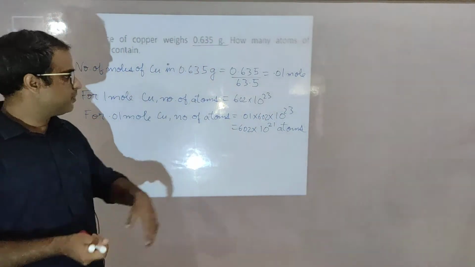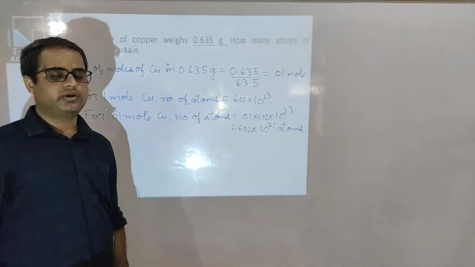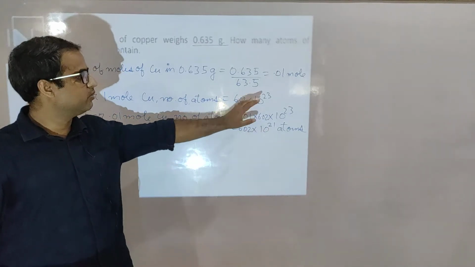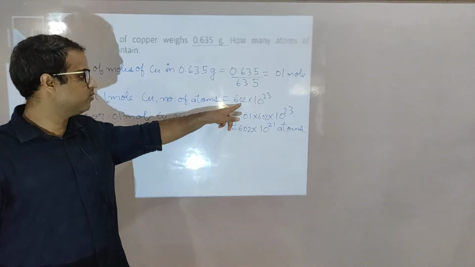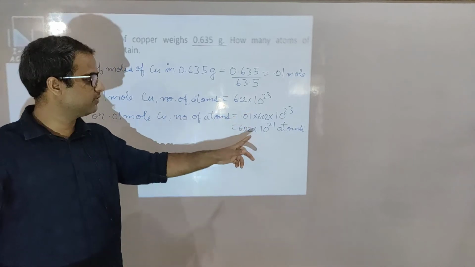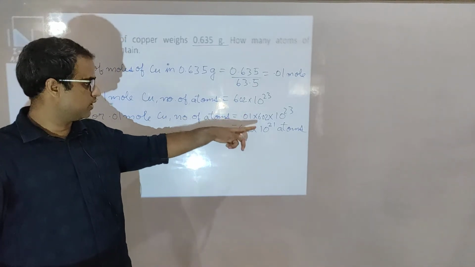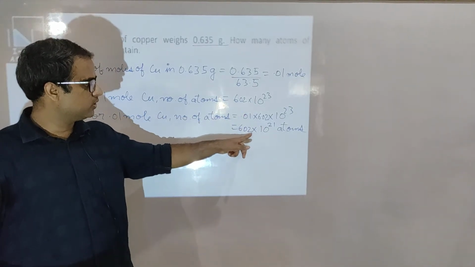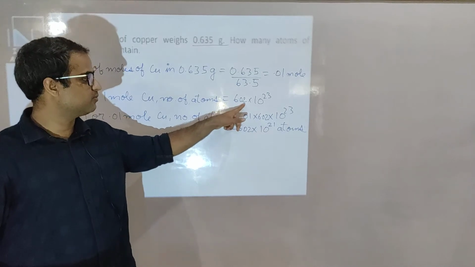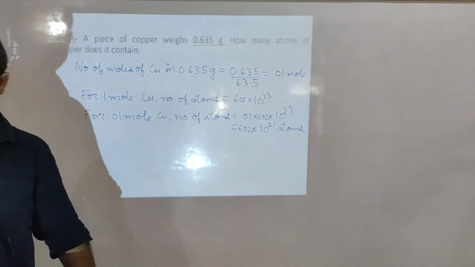For calculation purposes, we have written 6 into 10 to the power 23, but it is 6.023 into 10 to the power 23. In your options it is given 6.02 into 10 to the power 21. Here the quantity is 6.02, that's why we have written 6.02 into 10 to the power 21.